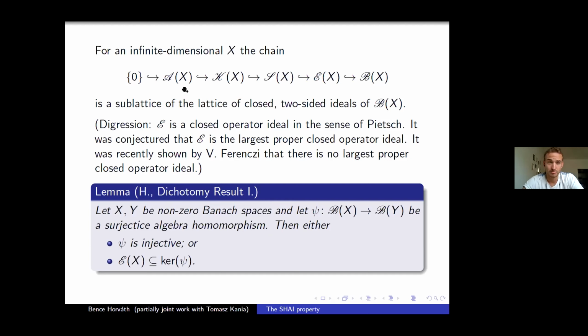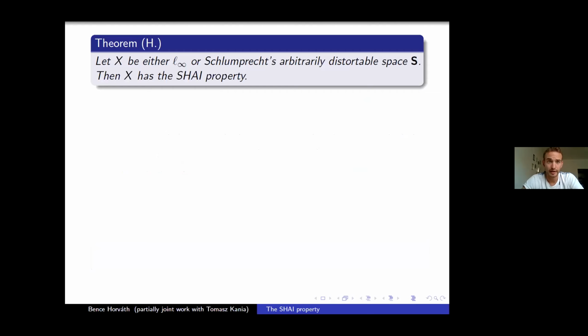So if it's surjective, we know that not only does the kernel contain the approximable operators, but also the inessentials. Of course, these may very well coincide, so it's not always very helpful, but it's formally at least something more. But with this, we can actually show that L infinity and Schlumprecht's arbitrarily distortable Banach space do have the Psi property.